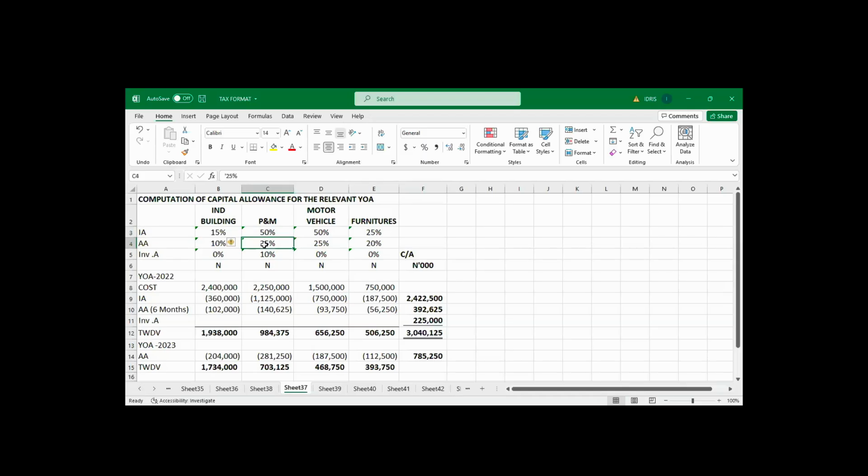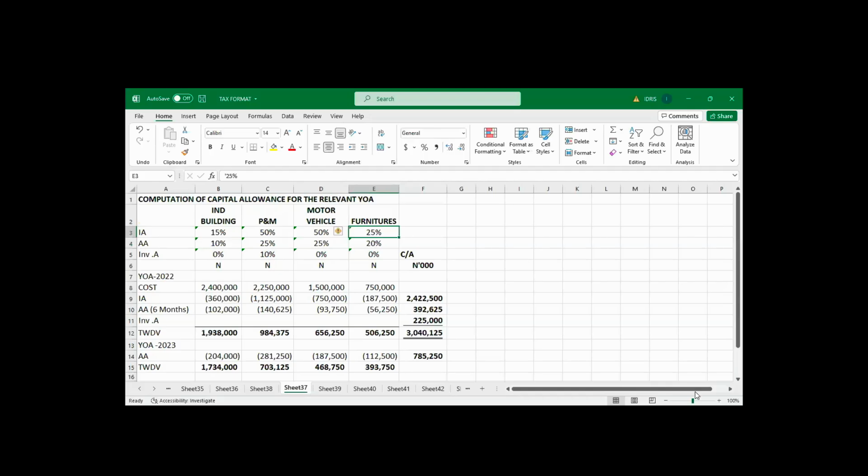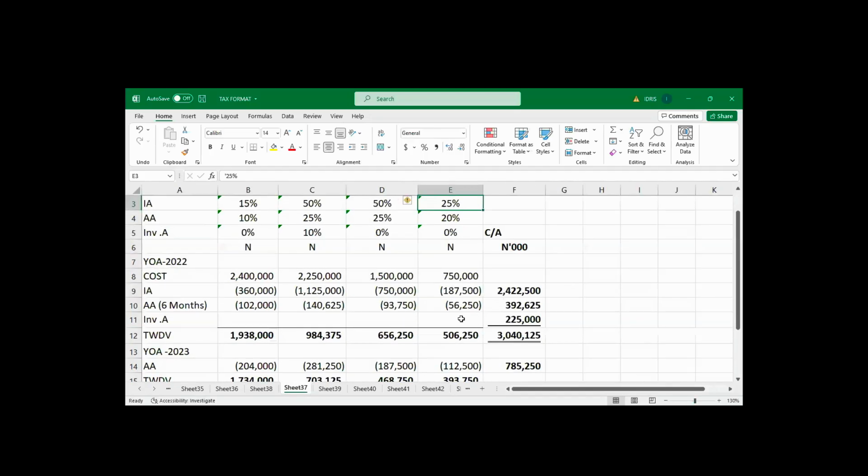Annual allowance? 25%. Motor vehicle, initial allowance 50%, annual allowance 25%. Furniture and fitting, initial allowance 25%, annual allowance 20%.